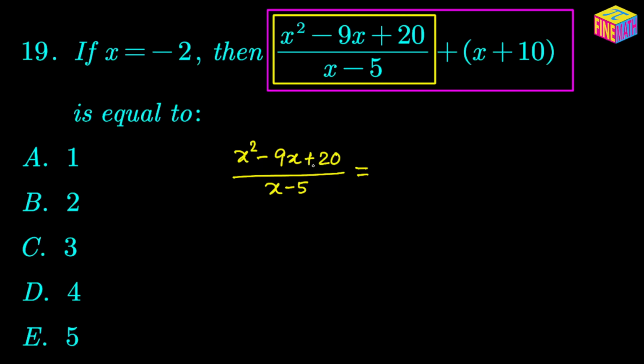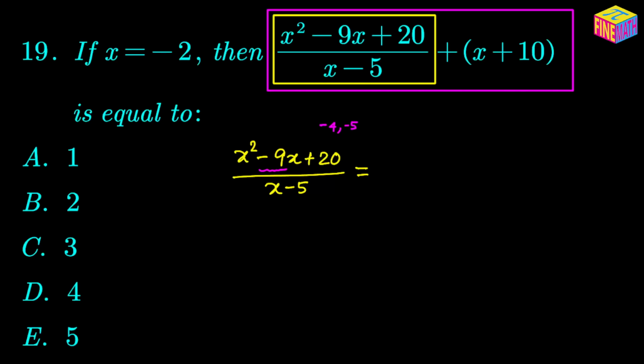The constant term is 20, and the coefficient of x squared is 1. If you try to come up with two possible factors of 20, I can clearly see that we can go with -4 and -5, because if you multiply them, that will give you +20, but if you take the algebraic sum, that will give you -9, and that's the -9 that I am looking at right there.